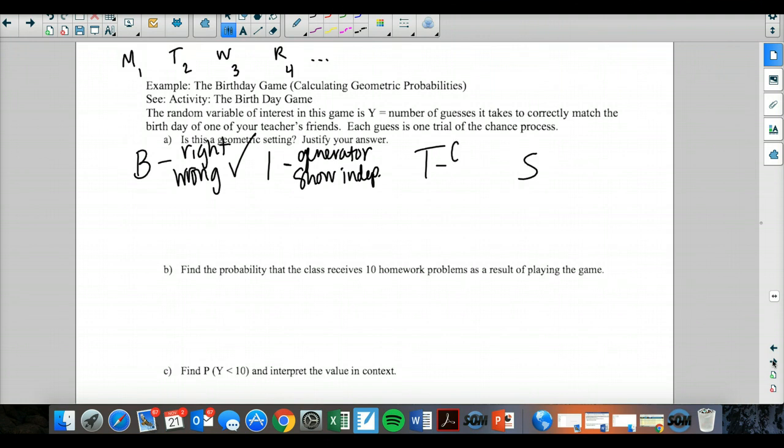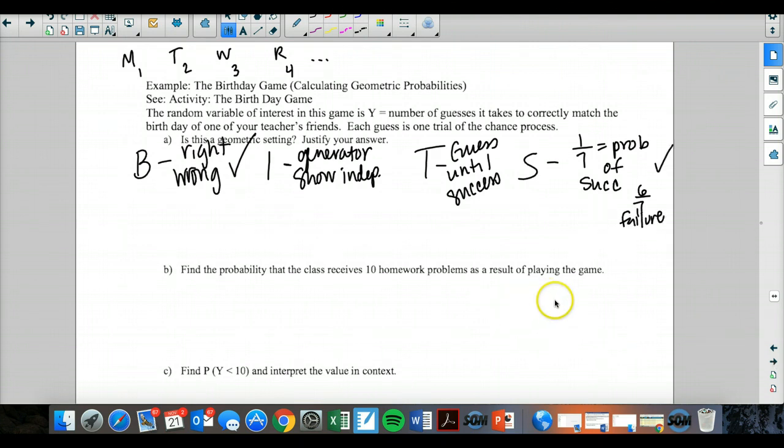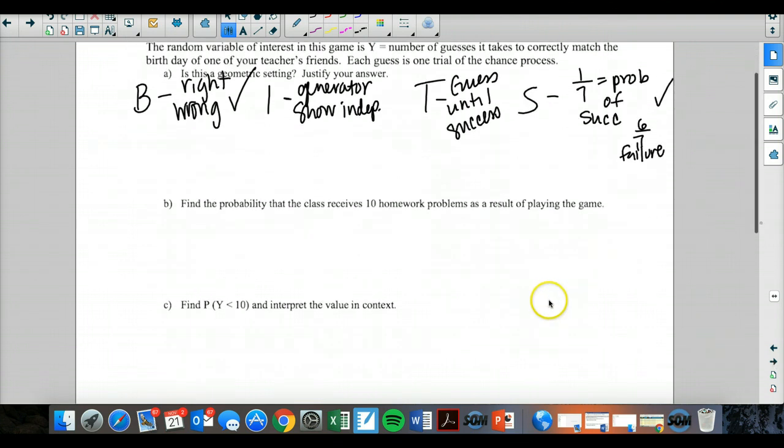T is they guess until success. And S is their probability of success. Well, if there are 7 days in the week and they're picking a day, they have 1/7 as their probability for success. And that means that 6/7 is failure. Okay, so check, this is a geometric distribution.